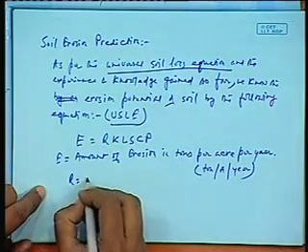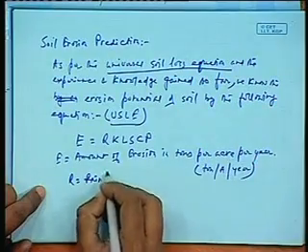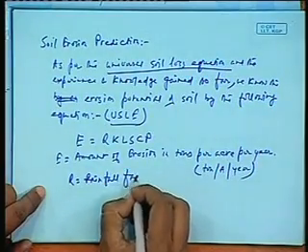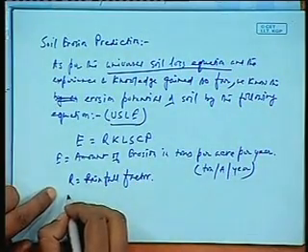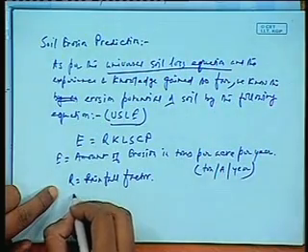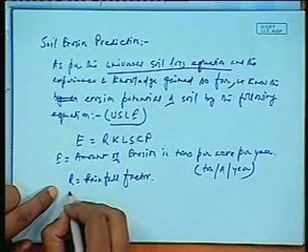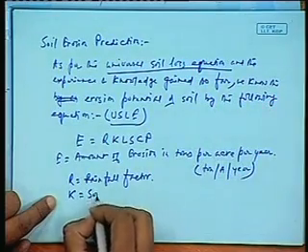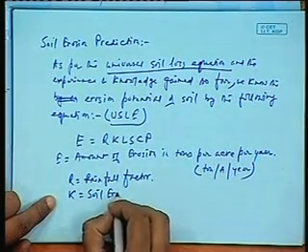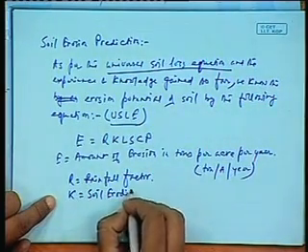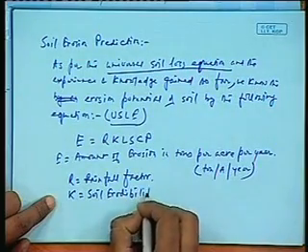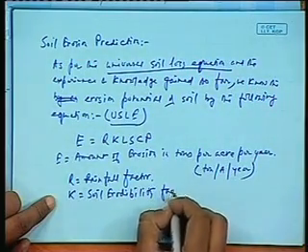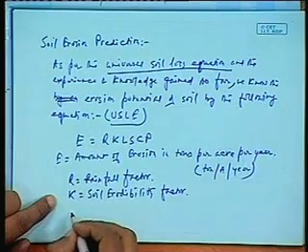R is called the rainfall factor. K is the soil erodibility factor.